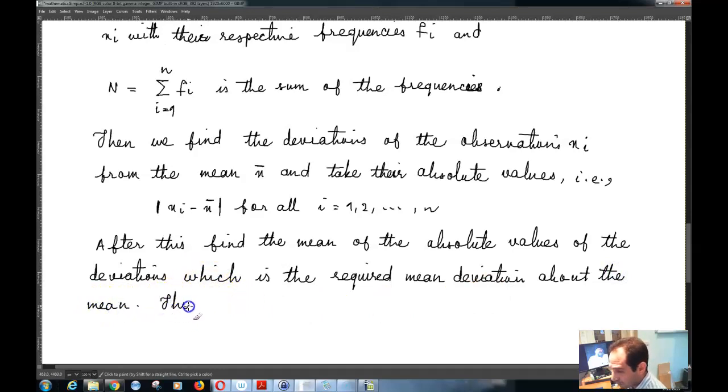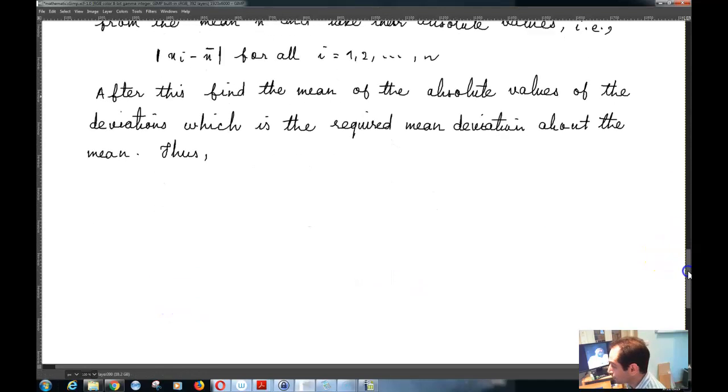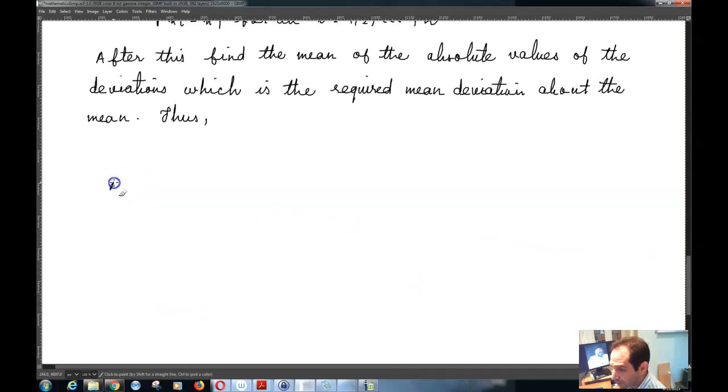Thus, you can say that the mean deviation about the mean is found like this.